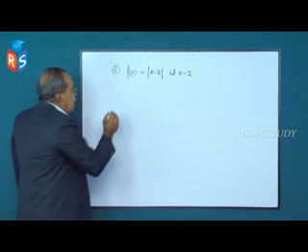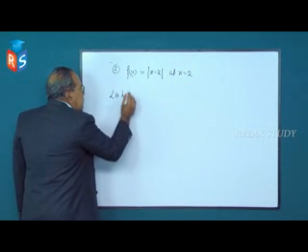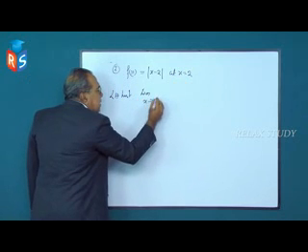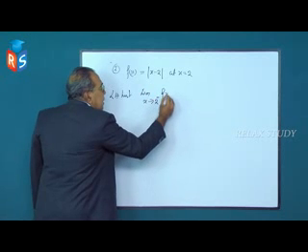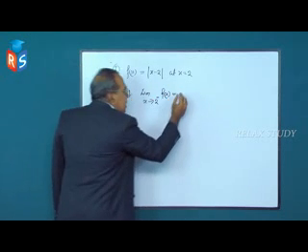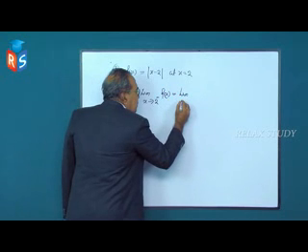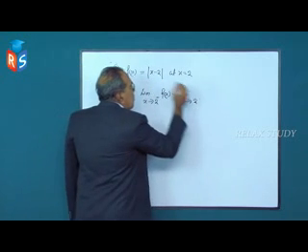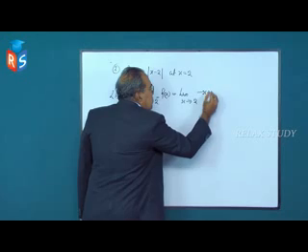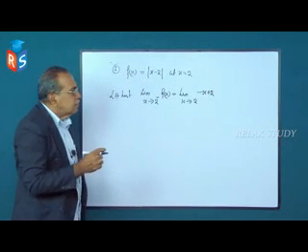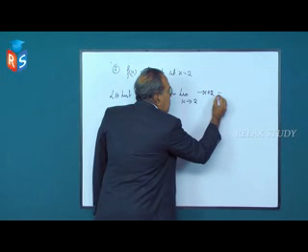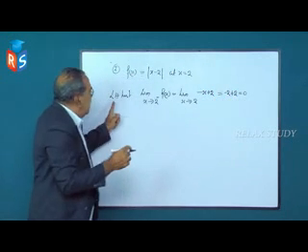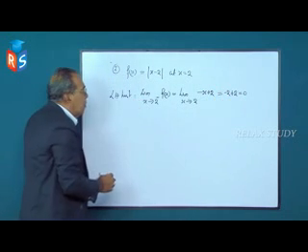Here, the left hand side limit is equal to the limit as x tends to 2 minus of f(x), which is equal to the limit as x tends to 2 of minus x plus 2, is equal to minus 2 plus 2 is equal to 0. That means the left hand side limit is equal to 0.